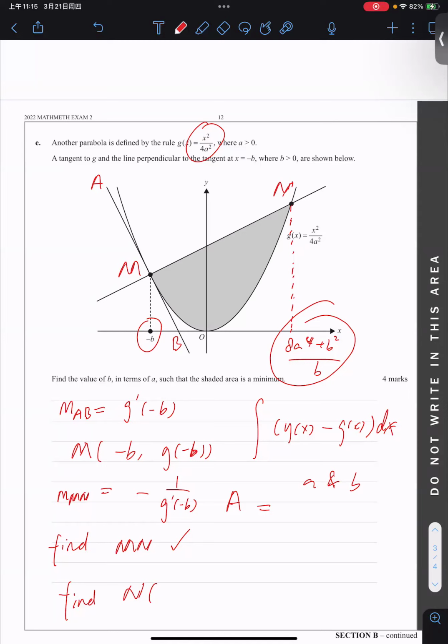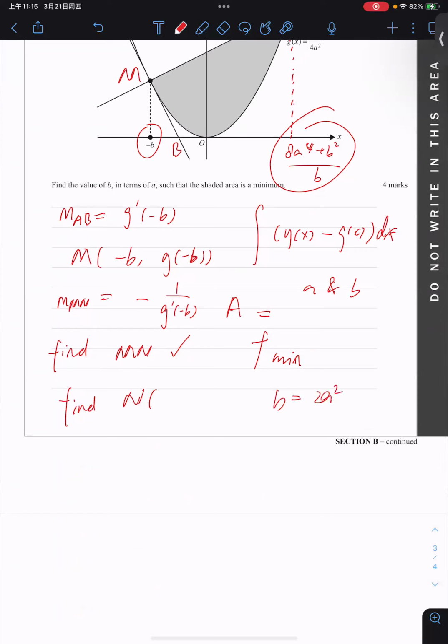In your calculator, click menu, calculus, and then you can find fMin. That means looking for the expression's x value when you would have the minimum value. The generated answer should be the x value at which the function is minimum. And finally, you could work out that when b equals 2a squared, you have the minimum answer.